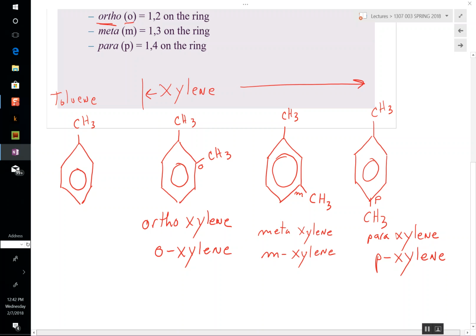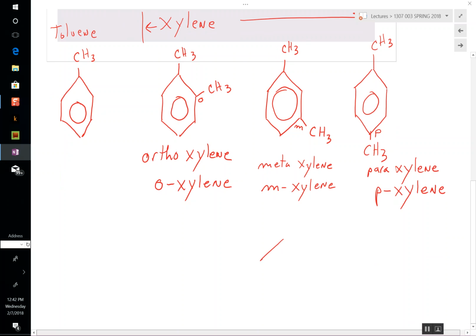Well, just to let you know, for example, we could have this. We could have a chloro group right there, and we would call it meta, because it's in the meta position, metachlorotoluene. All right, they don't have to be two methyls.